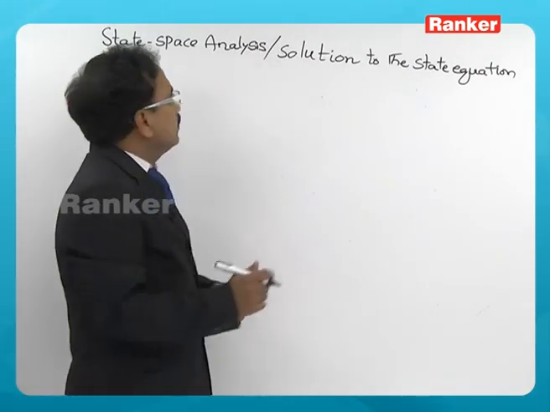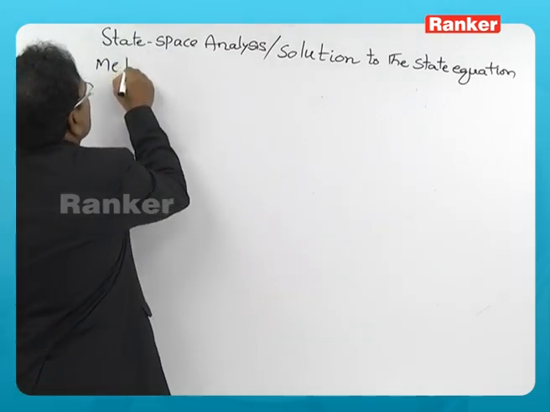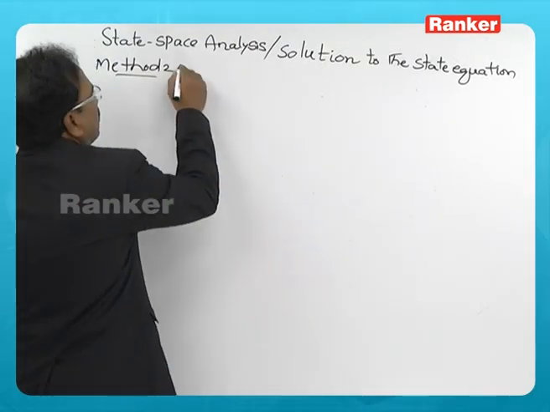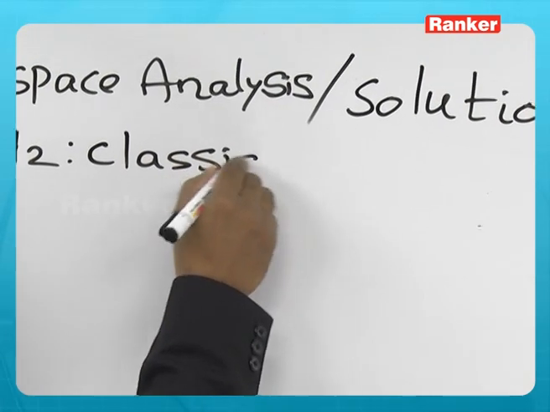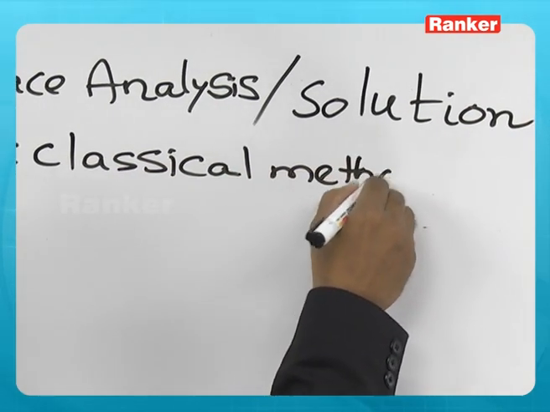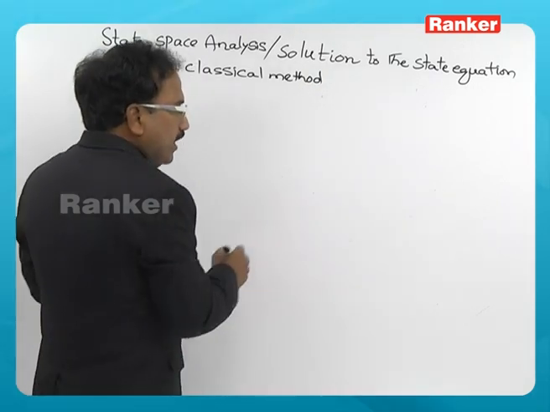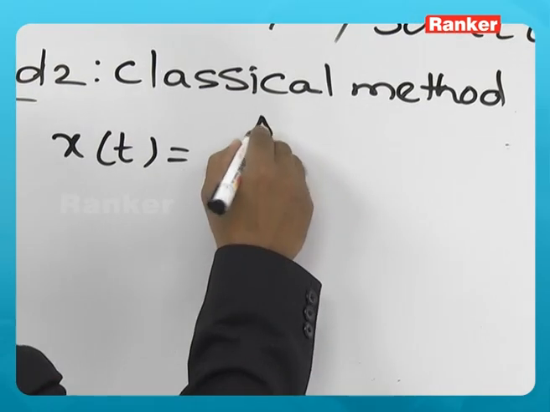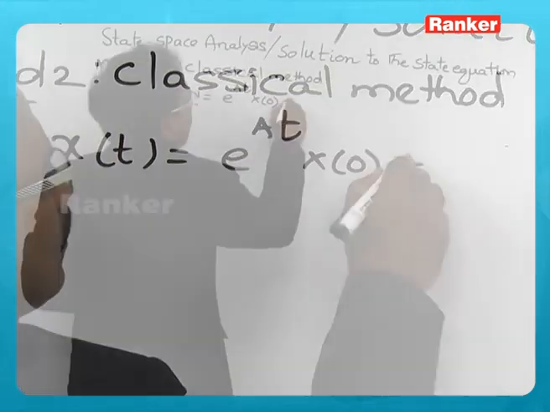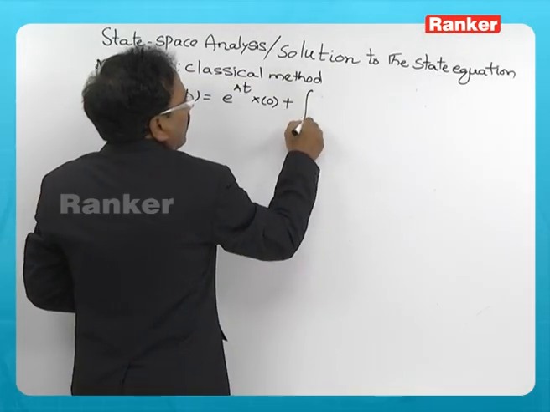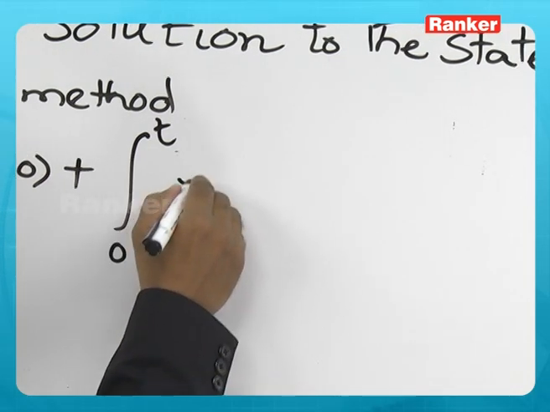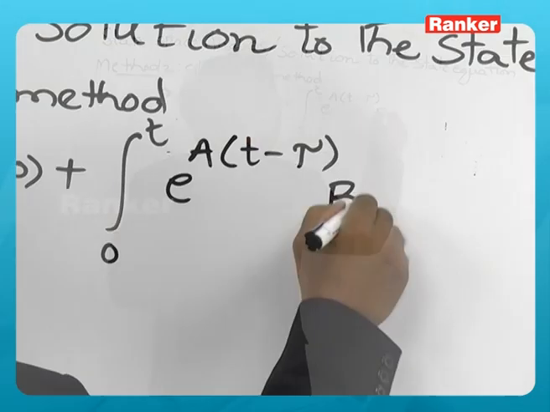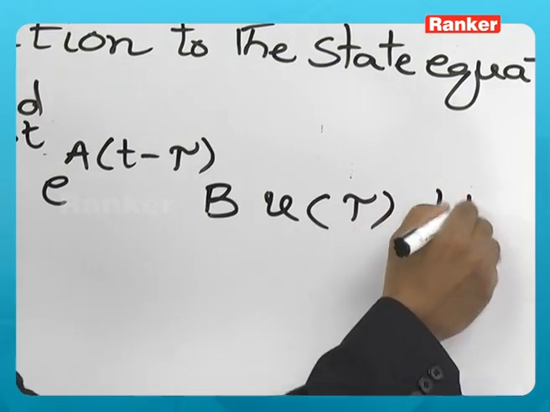Method 2 to get the solution when the state equation is given is known as the classical method. Here we use the state transition matrix. So, x of t is equal to e to the power At x of 0 plus the integral from 0 to t of e to the power A(t minus tau) B into u of tau d tau.